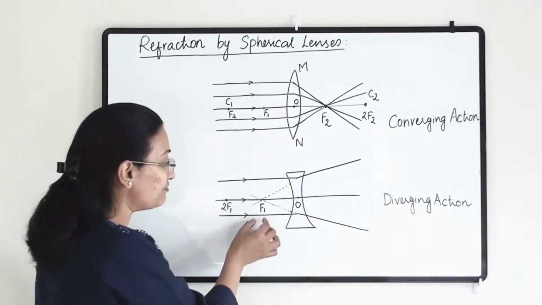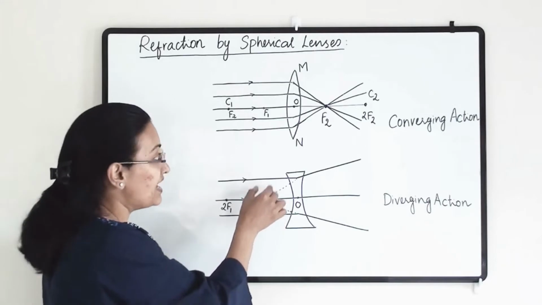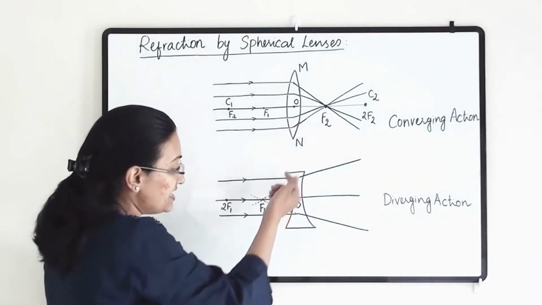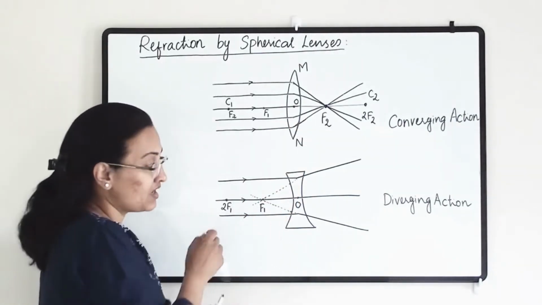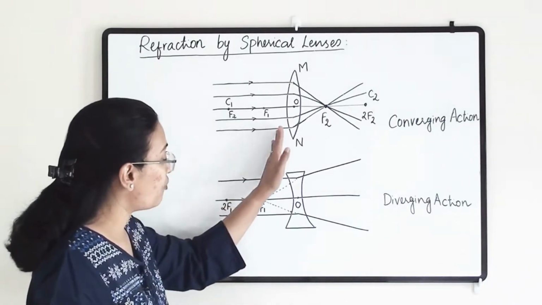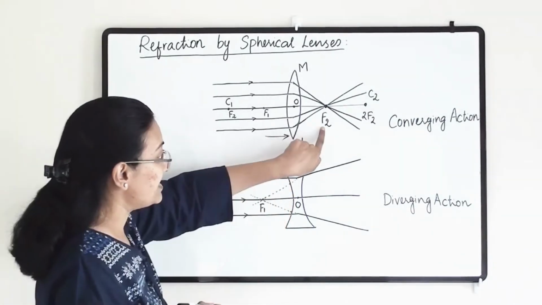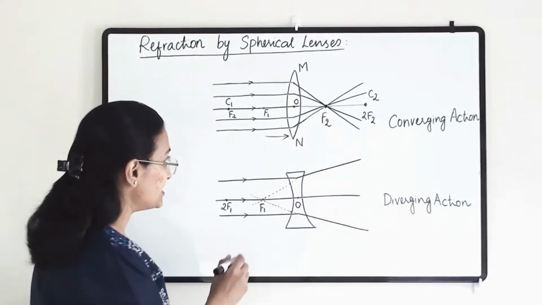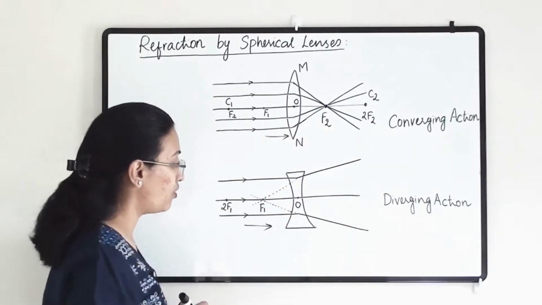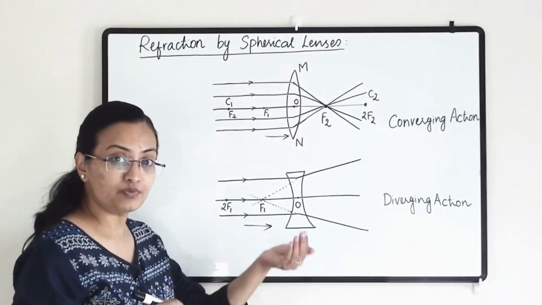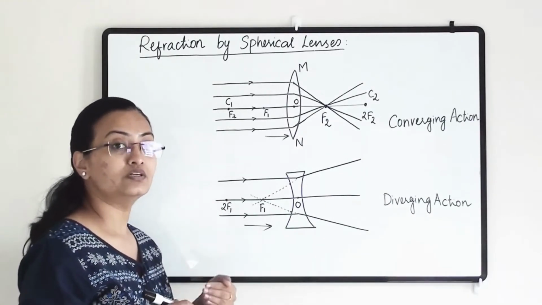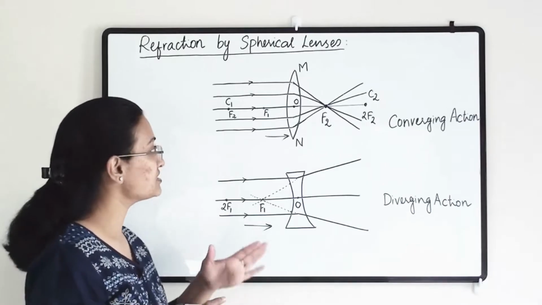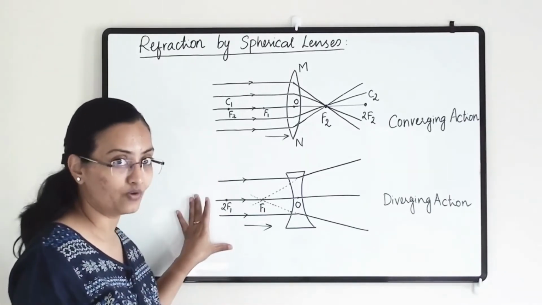So accordingly we get the principal focus on the other side and on the same side. When rays fall on this surface of the convex lens, the principal focus will be on the other side, whereas here, when rays fall on this surface, the principal focus will remain on the same side. That is the difference when parallel rays fall on them.